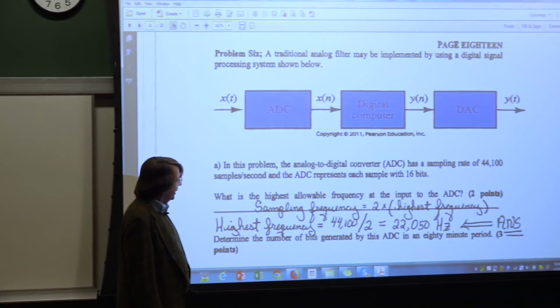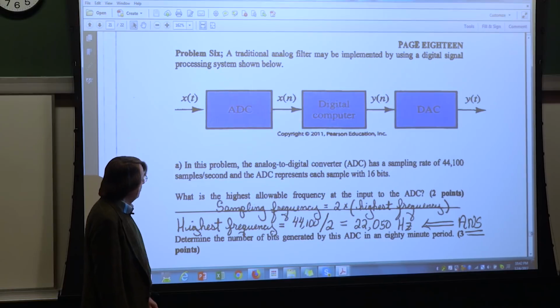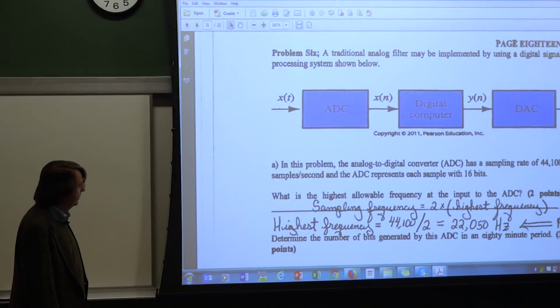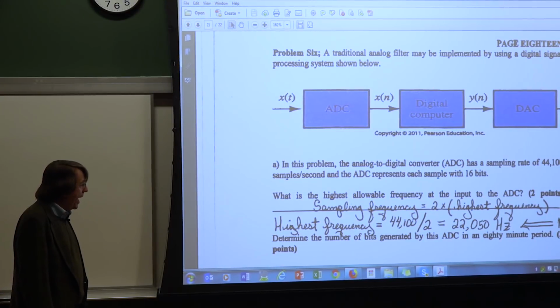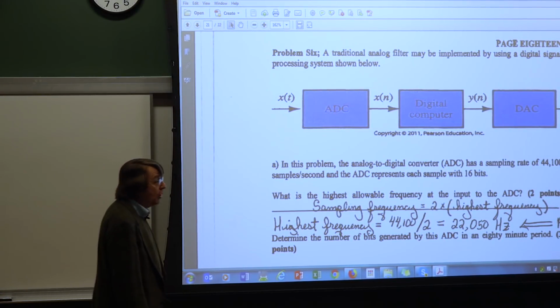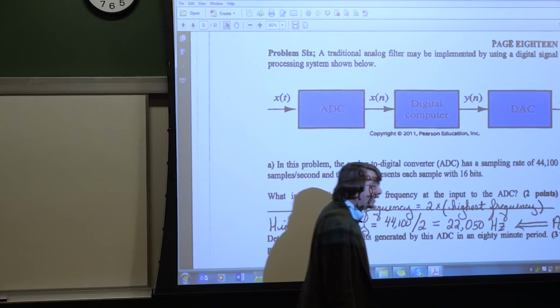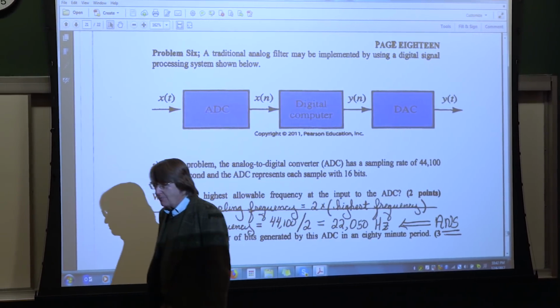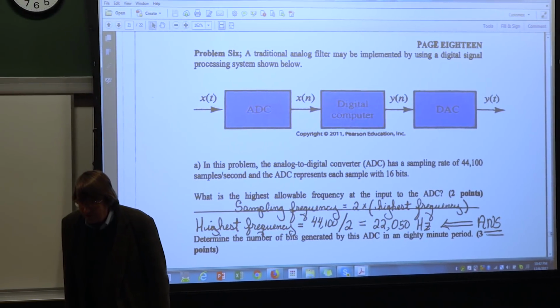In this problem, the A to D converter has a sampling rate of 44,100 samples a second. What's the highest allowable frequency that can go into this A to D converter? Now, here's where we have to remember what Harry Nyquist told us.